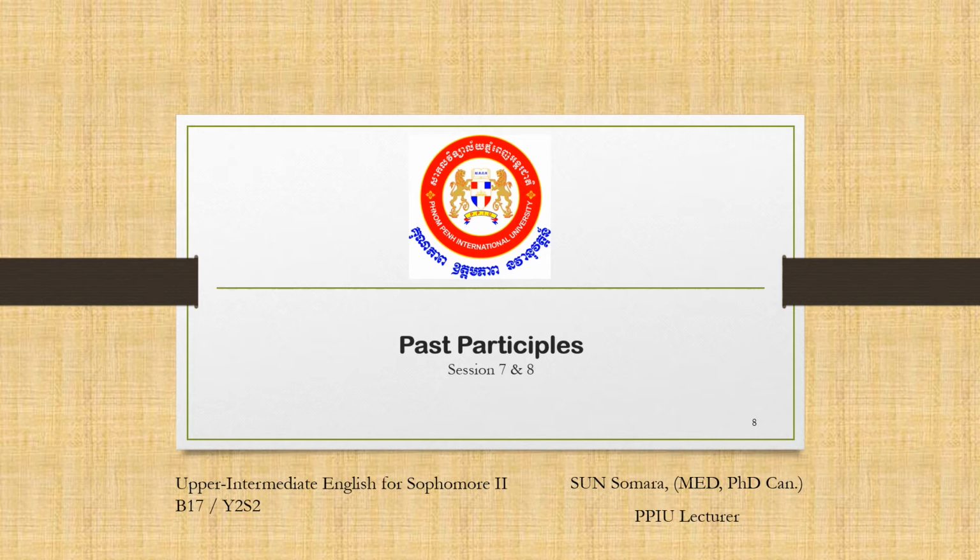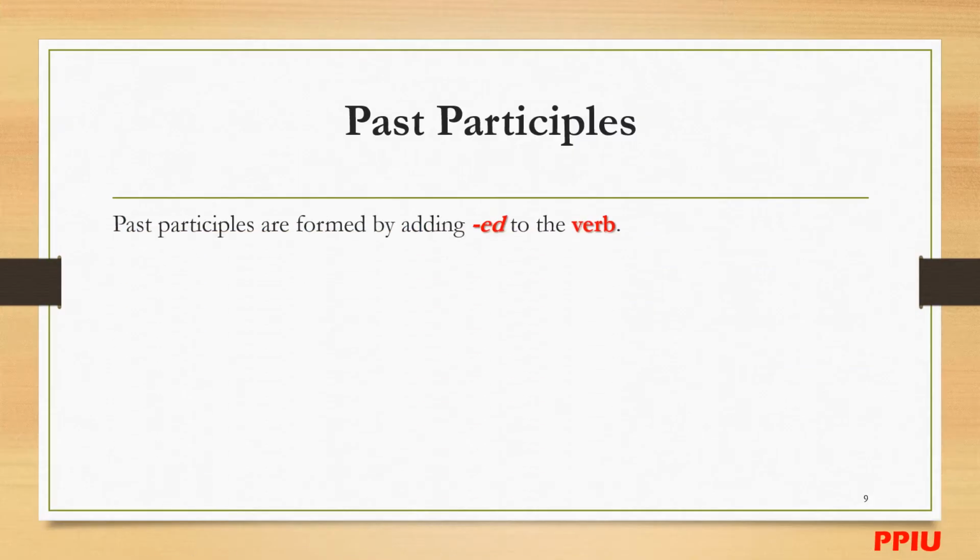Okay, maybe you have heard a lot about the participle, or maybe some of you have heard only verb 3, verb 3 in the form. So past participles are formed by adding ed to the verb.